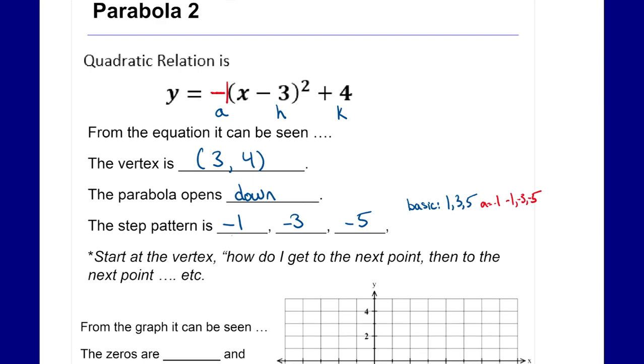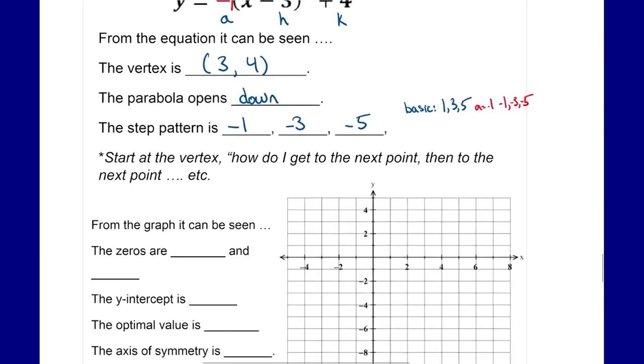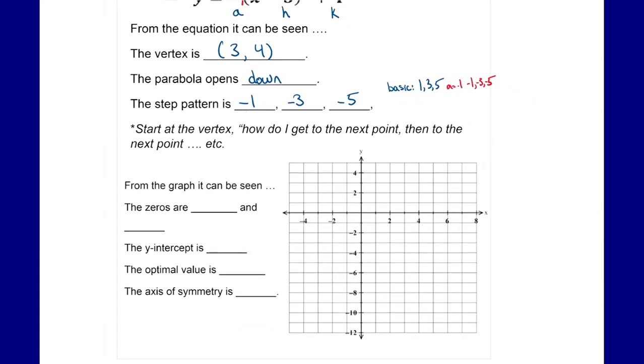So I can graph this equation now, because I can find the vertex, which is 3 and then 4. Again, make sure we know how to plot points, x and then y. So we have our vertex, and we have our step pattern: over 1, down 1, over 1, down 3, over 1, down 5, and the same thing on the other side.